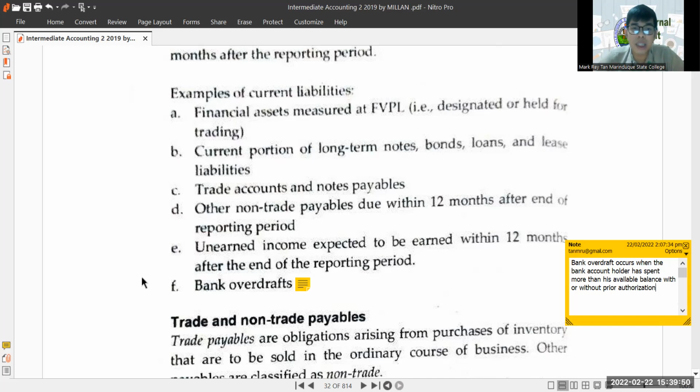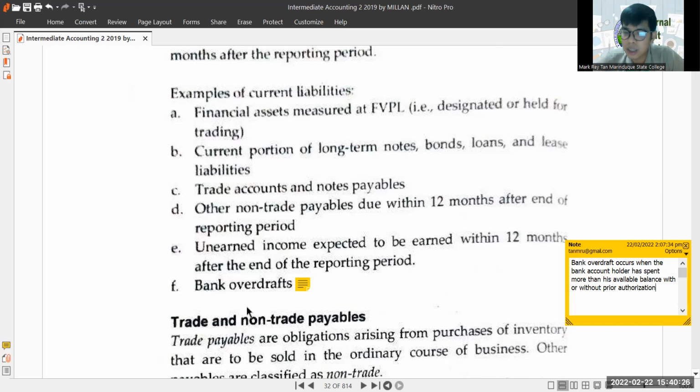merong mga bank account yan. Merong mga bank account sila na, of course, on that account, meron yung nakadeposit na cash. Ang ibig sabihin ng bank overdraft is nag-overspend ang entity. So, for example, dito na lang sa Marinduque, Land Bank. Let's say si Pure Gold ulit. Si Pure Gold, meron siyang bank account sa Land Bank. Ang laman nun is 1 million.